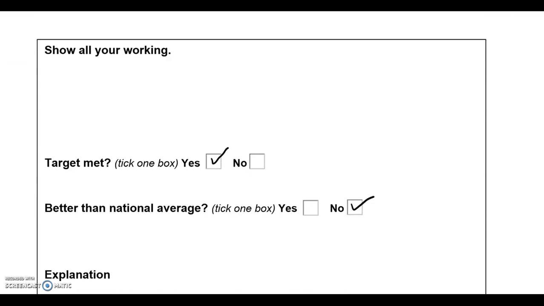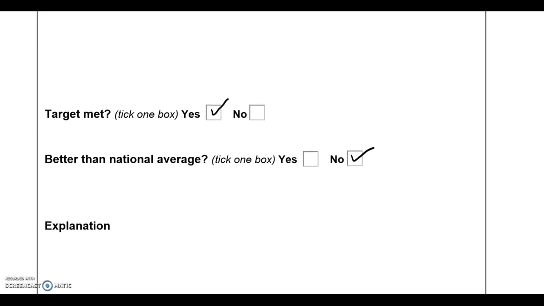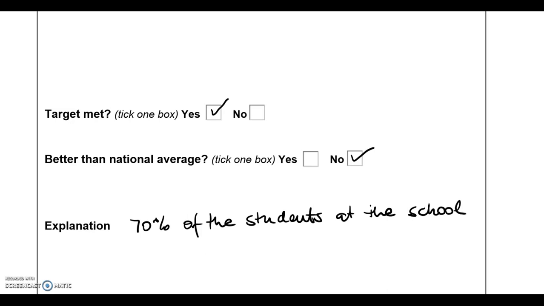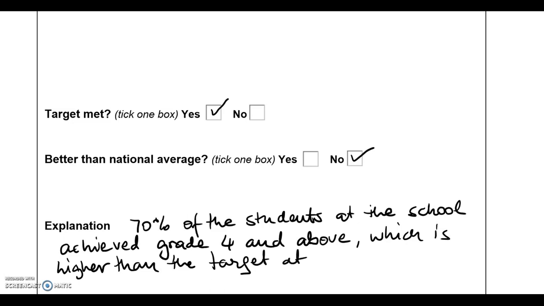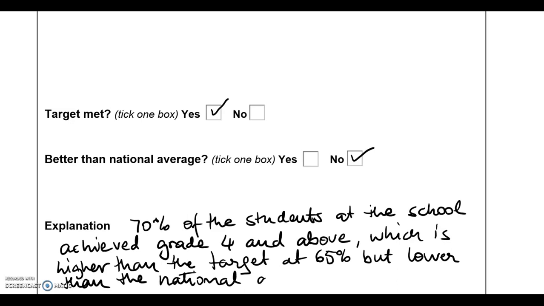Better than national average, no. Explanation. 70% of the students at the school achieved grade 4 and above, which is higher than the target at 65%, but lower than the national average at 73%.